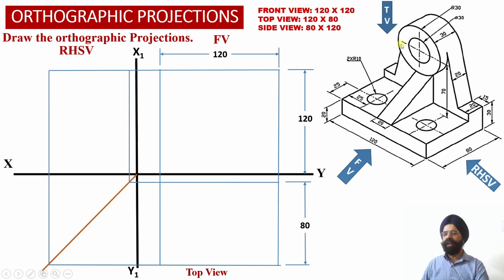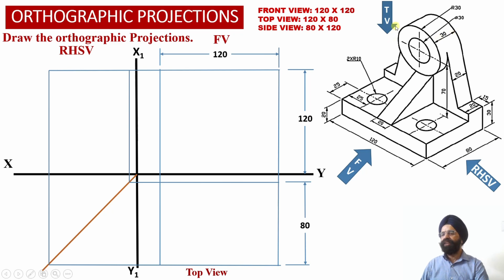Then we have got two inclined surfaces, and at the central top portion we have got a circular hub which is used to support a shaft over here. So here we have got a circular portion at the top with a central circular hole, and we can check the depth of this inclined surface and the stepped surface. It happens to be equal to 20 millimeter, while the depth of the circular hub at the top happens to be equal to 30 millimeter.